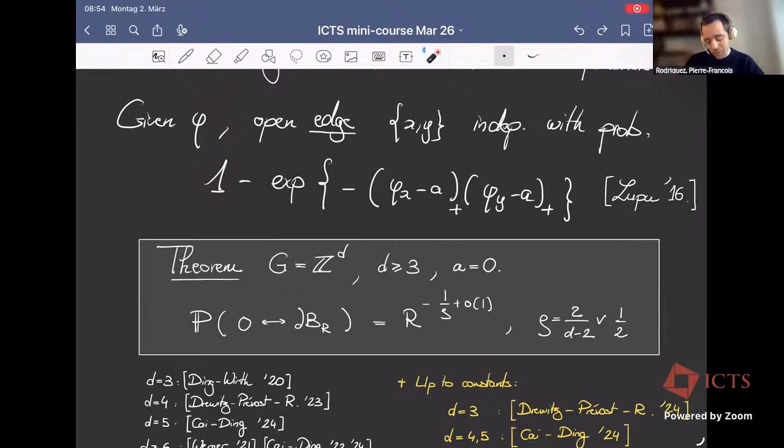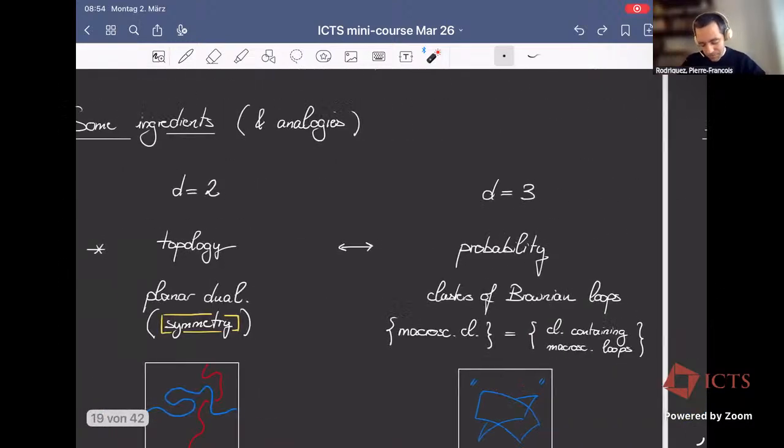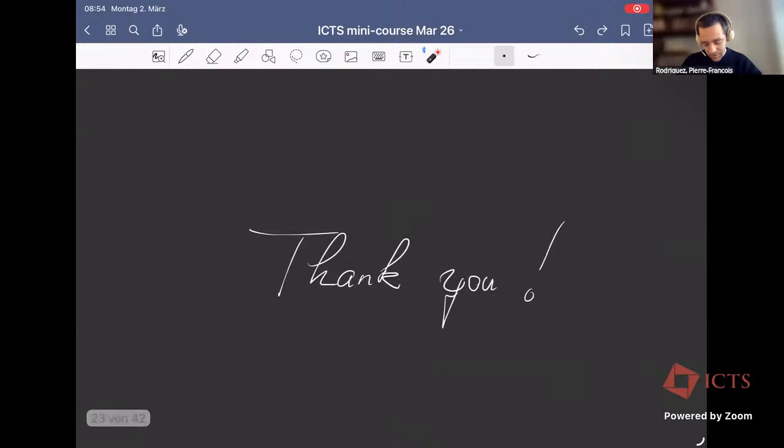Of course, refinements of these arguments then lead to the precise decay, but that's not the first question.